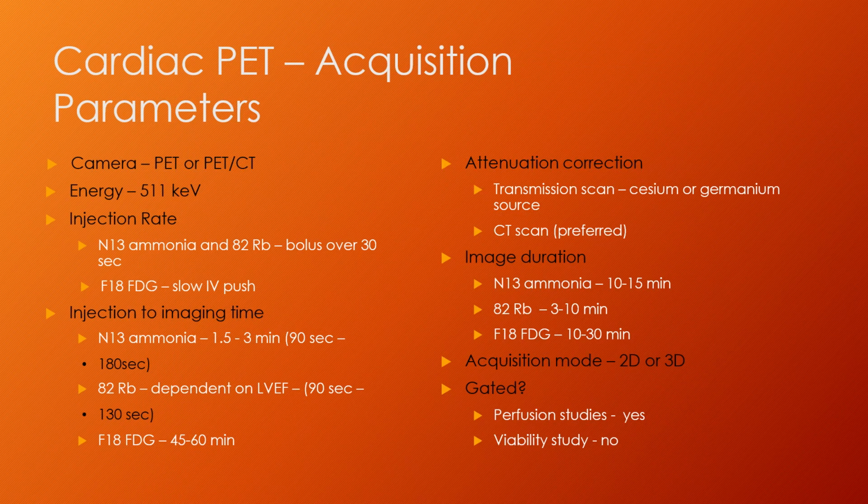This slide is a little confusing, but it shows the acquisition parameters for MPI coupled with a viability study, whether you're giving nitrogen or rubidium. The injection rate for the resting scan is a bolus or bolus over 30 seconds. The FDG needs to be injected slow IV push.